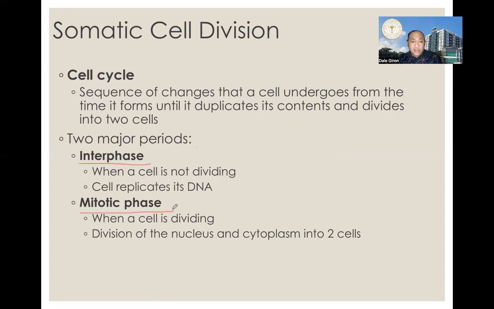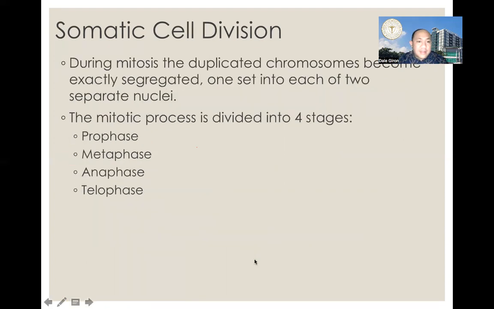When we say interphase, this is when a cell is not dividing and the cell replicates its DNA. When we say mitotic phase, this is when a cell is dividing, and the nucleus and cytoplasm are dividing also into two cells. Okay, that is your mitotic phase. Whereas in the interphase, the cell is just replicating its DNA.